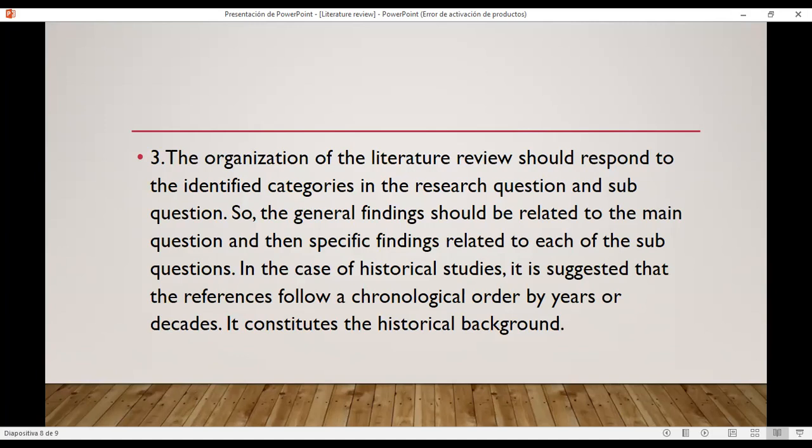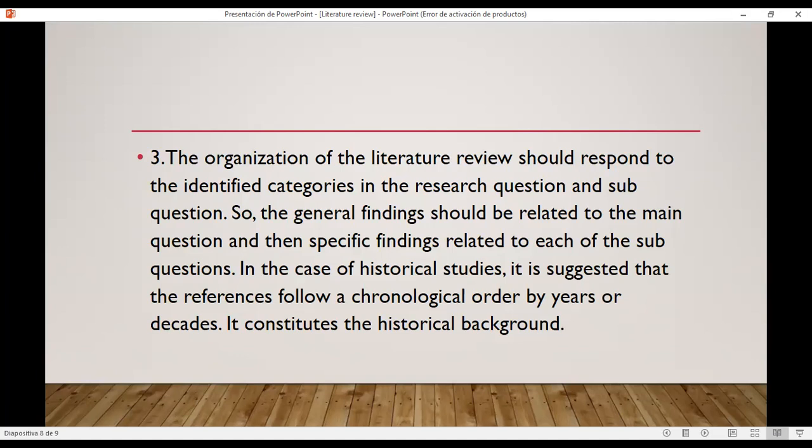In the case of historical studies, it is suggested that the references follow a chronological order by years or decades. Decades constitute the historical background.